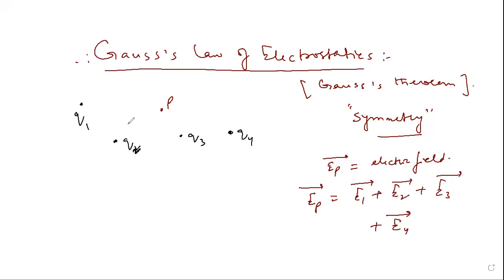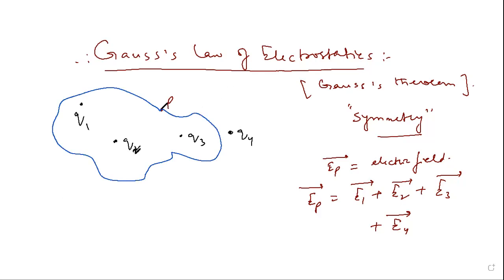Now, if I have to find this electric field at point P, Gauss's law says, what do you do to find that? Construct a closed surface, right? Now I construct a closed surface. That closed surface will pass through this point, and it can have any shape. Let this be my closed surface, right?